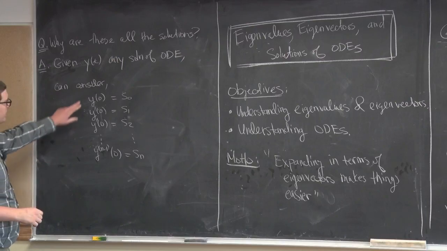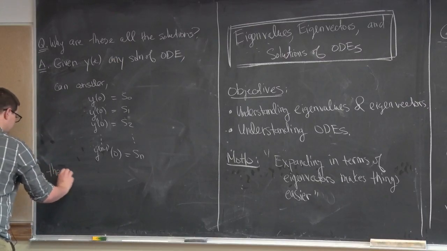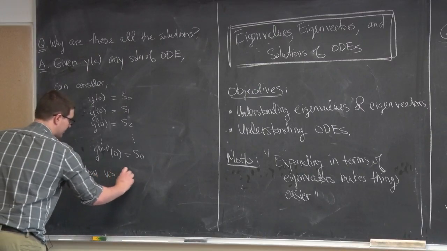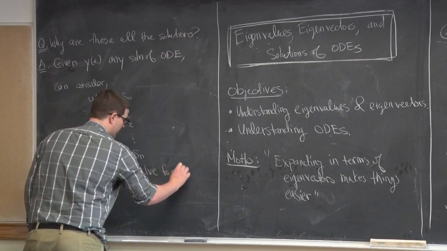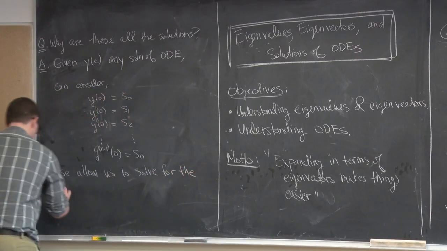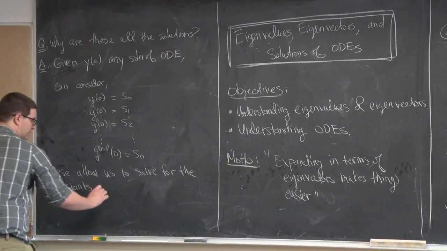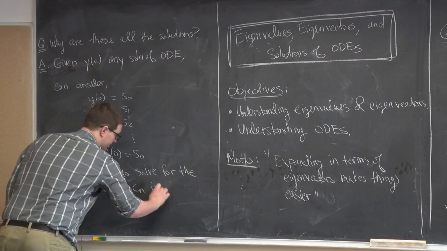And so these things allow us to solve for the constants C1 through Cn in the general solution.